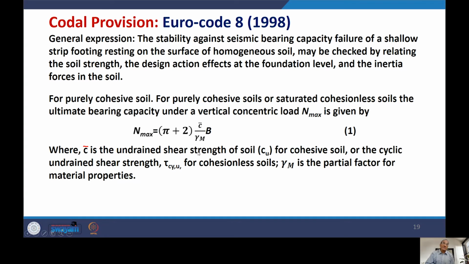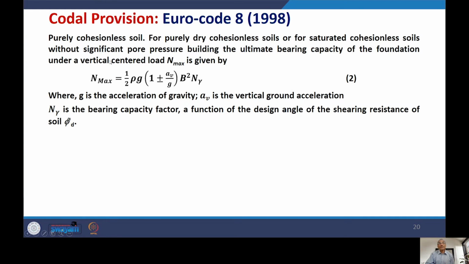Now this was the case for cohesive soils. The Eurocode suggests for purely cohesionless soils, that is granular soils, when you consider dry cohesionless soils or saturated soils without significant pore pressure buildup, the ultimate bearing capacity of the foundation under a vertical concentrated load Nmax is given by this relation. If you have dry, fine. If you have saturated, then there should not be a buildup of pore pressure.